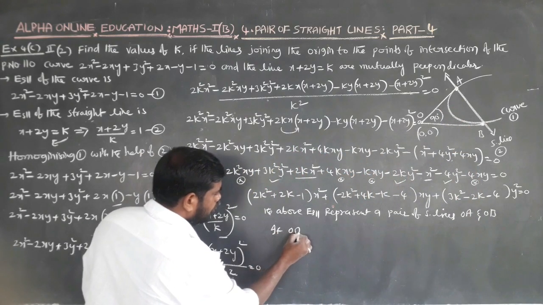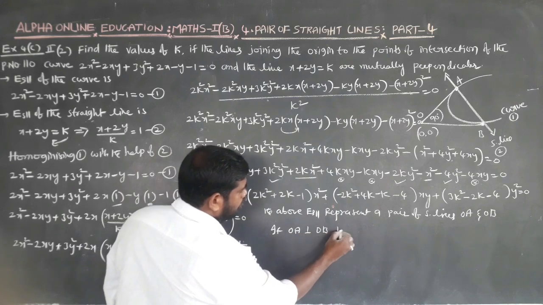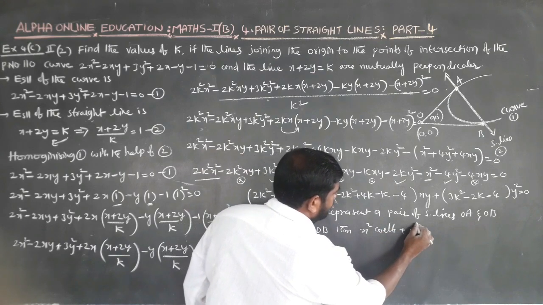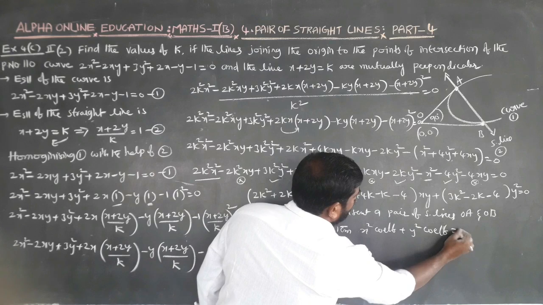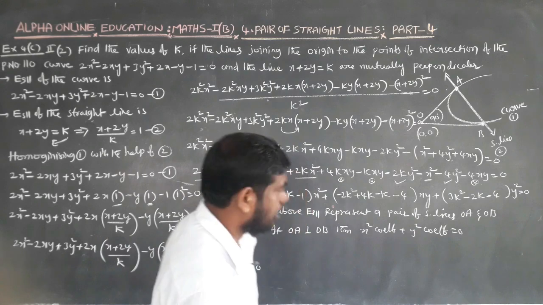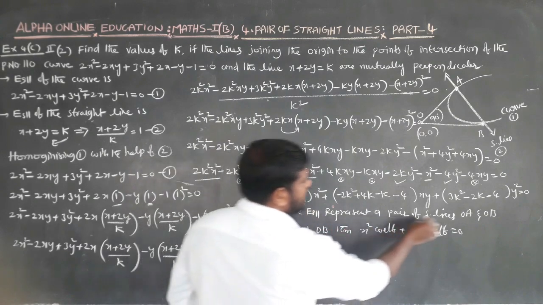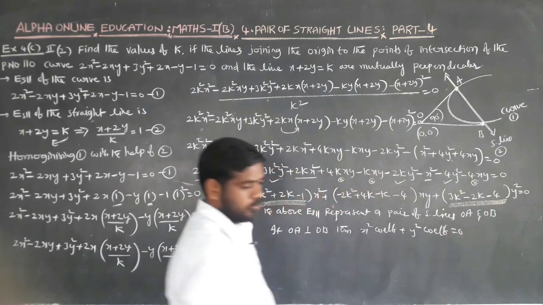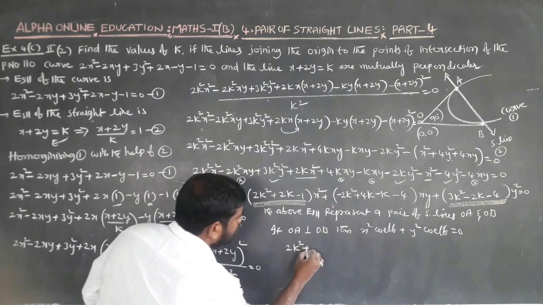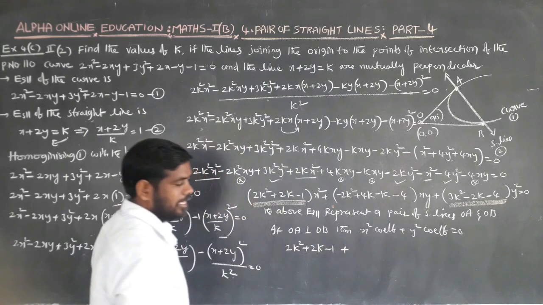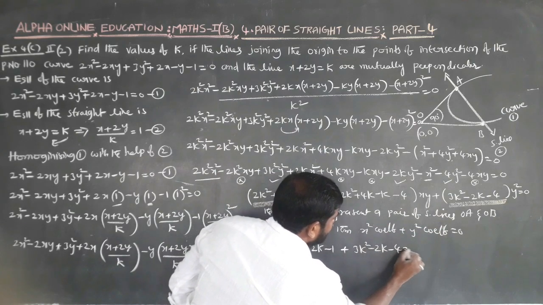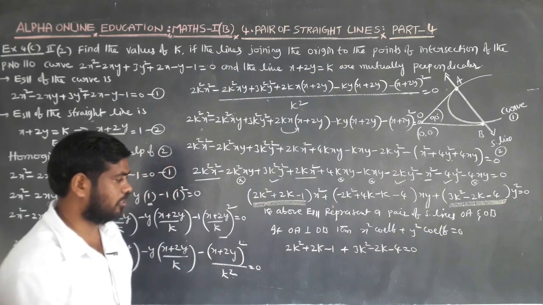If OA is perpendicular to OB, then the x² coefficient plus the y² coefficient is equal to 0. So (2k² + 2k − 1) + (3k² − 2k − 4) = 0.